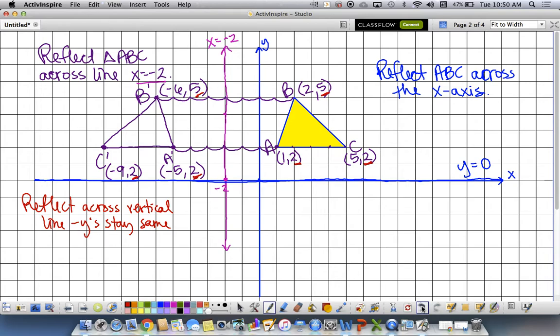Do you think in this next one, when we reflect across a horizontal line, what values would not change? No, you're right. If you reflect across a horizontal line, the x's stay the same.